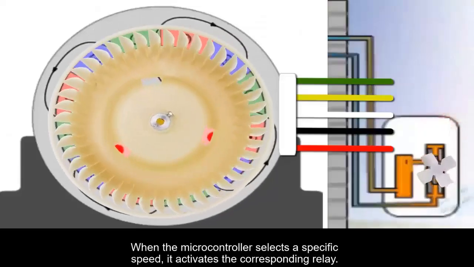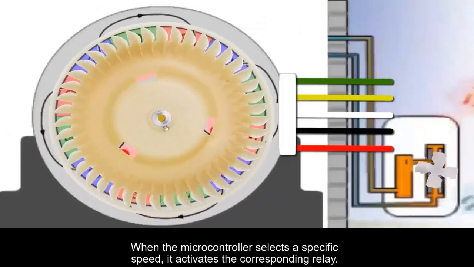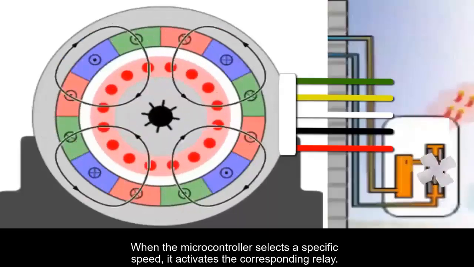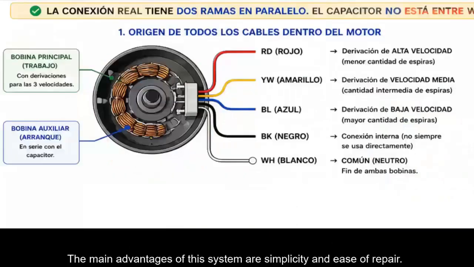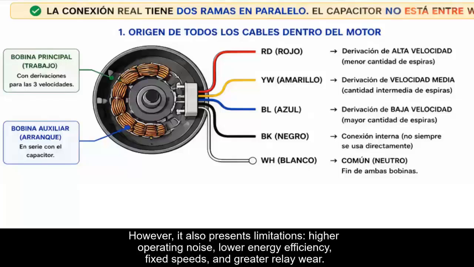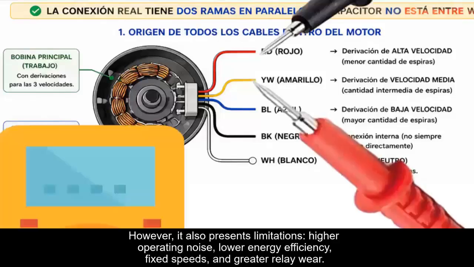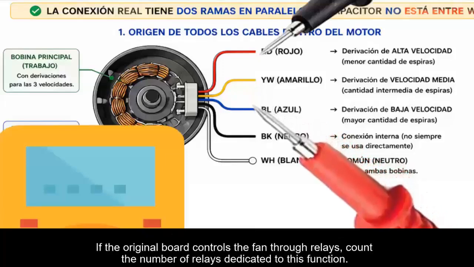When the microcontroller selects a specific speed, it activates the corresponding relay for low, medium, or high speed. The main advantages of this system are simplicity and ease of repair. However, it also presents some limitations: higher operating noise, lower energy efficiency, fixed speeds, and greater mechanical wear of the relays.